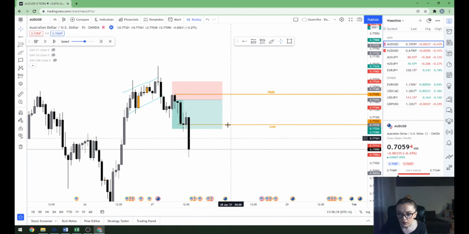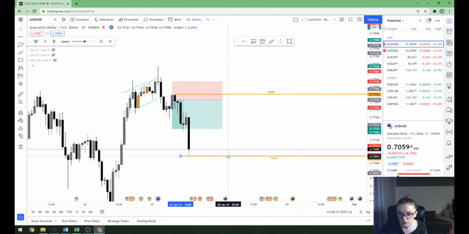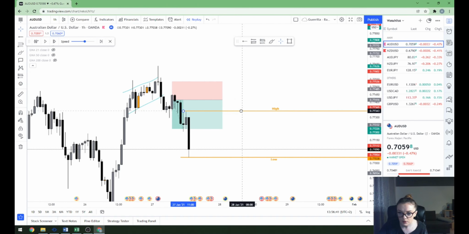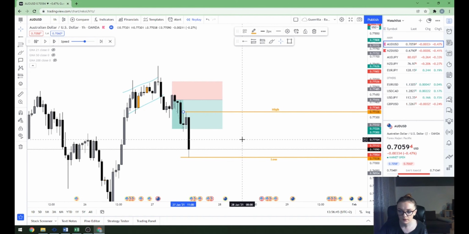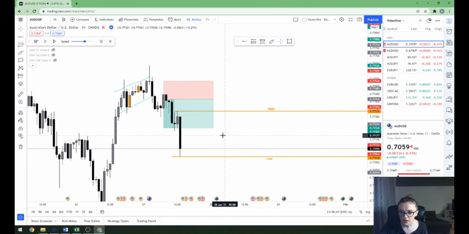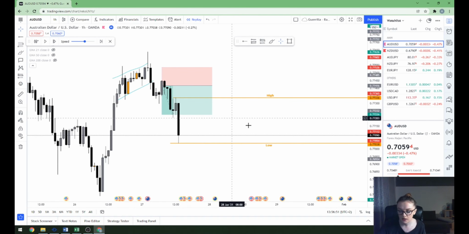Okay, so here we got a new low. Our high will be here, so our stop loss will be 20 points above this candle, meaning that we already have no risk on the table, and we can look also for scalings.